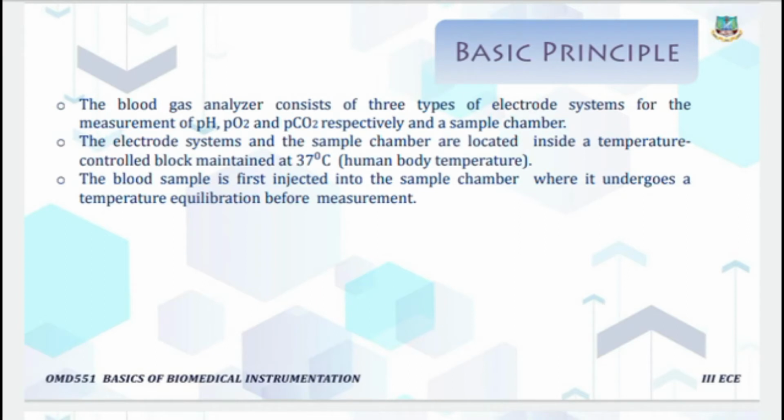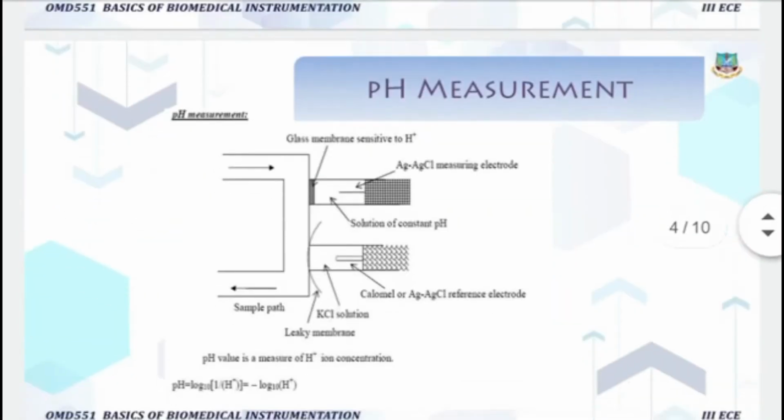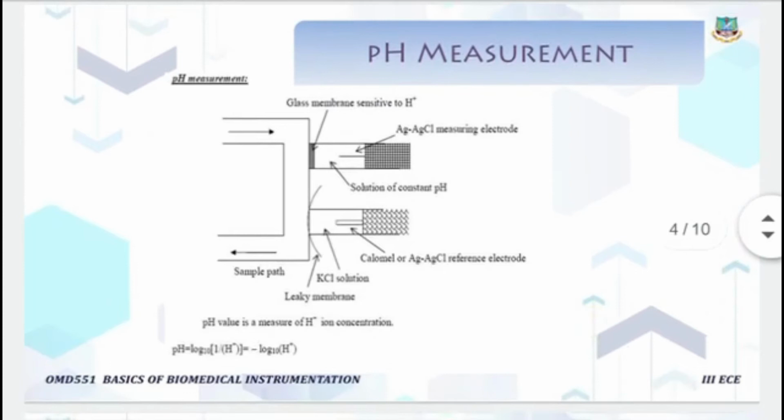Next we see the pH measurement. This figure shows the pH measurement. In this pH measurement we are using two electrodes. This one is the measuring electrode, and the next one is the reference electrode.